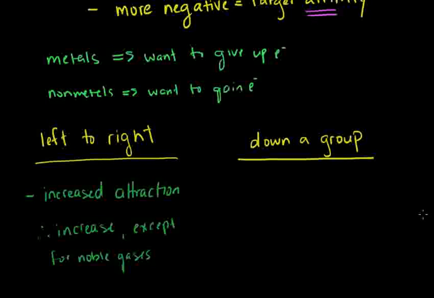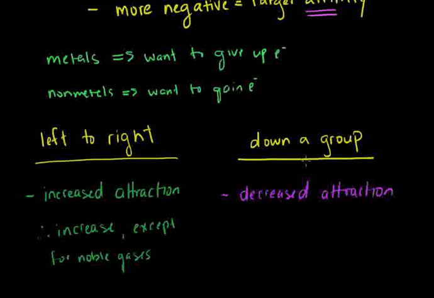What about moving down a group? Well, we know when we move down a group, we've got decreased attraction. So really, we should see higher electron affinities because it shouldn't take... Let's see. How do I explain this?